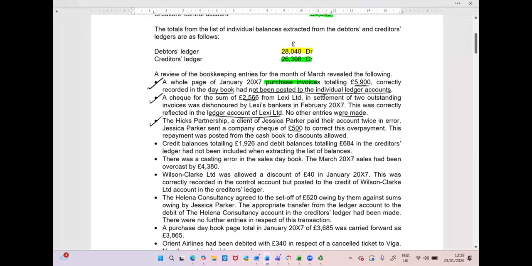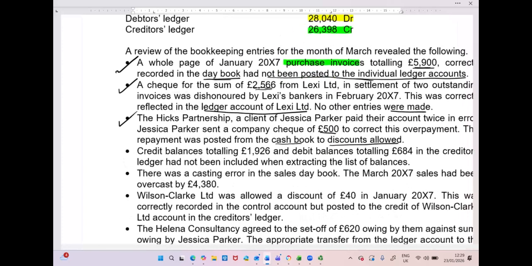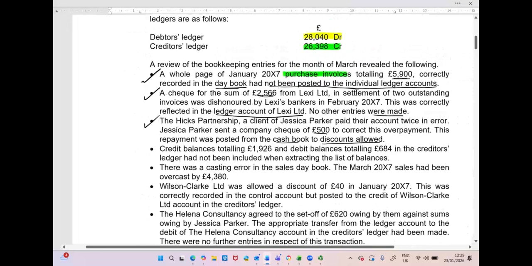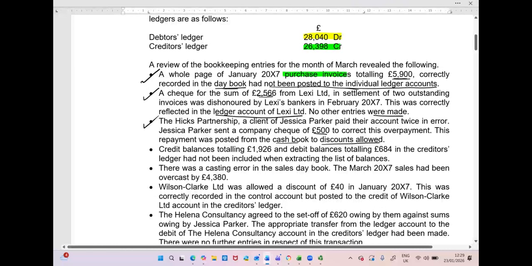And how much is that? 500. This repayment was posted from the cash book to discount allowed. Okay, so my junior accountant thought that it is a refund. It's not a refund, it's a discount allowed.